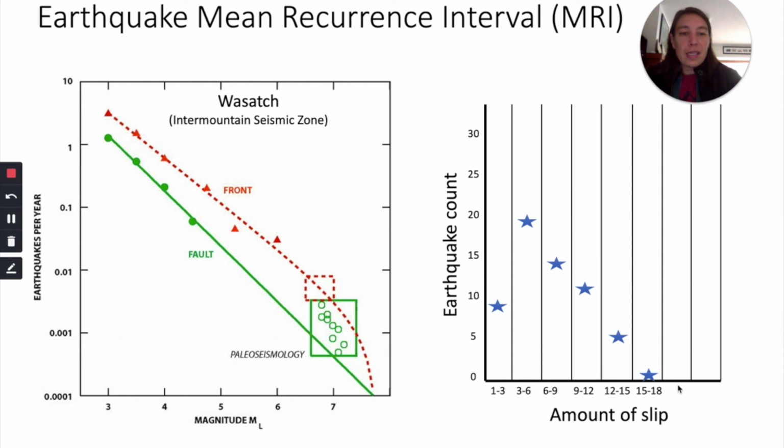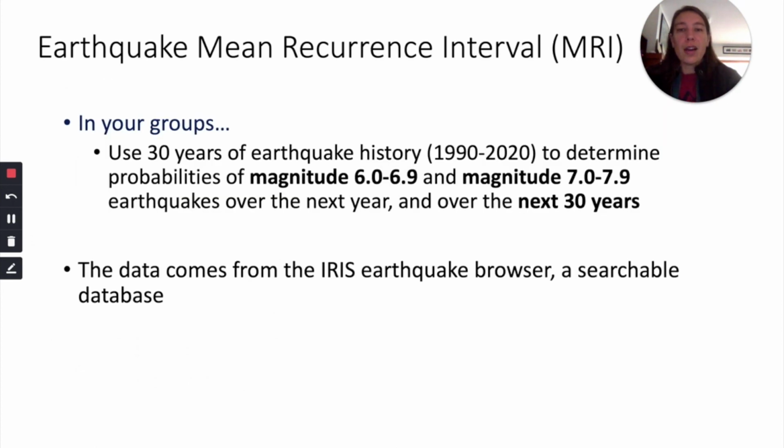And you'll use this to plot trends. So from your own data to the next part of the lab where I've given you data to look up using the IRIS earthquake browser, which is a searchable database of global earthquakes from as long as we have them recorded. So you will use 30 years of earthquake history outlined in the lab instructions.